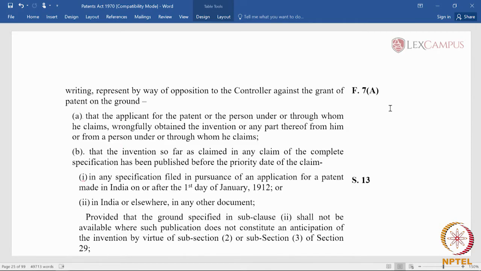The grounds are mentioned as A, B, C, D, E, and we will go through them, but what is important here is that the opposition in pre-grant has to be in writing and it has to be made before the controller.